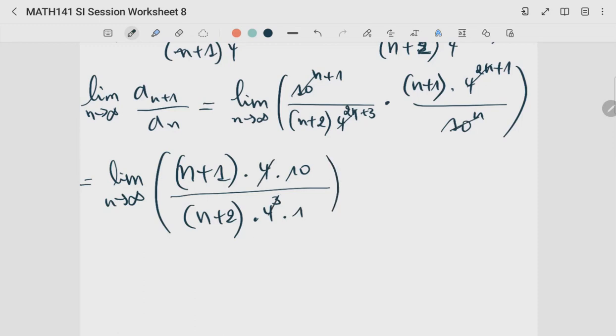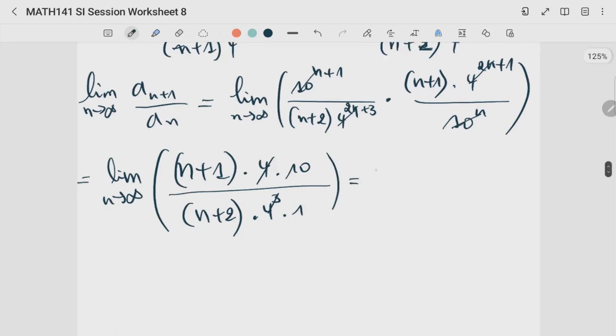And we can simplify even further the 4 and the 4 cubed. We take out all the constants. Then we have 10 over 4 squared, which is 16, multiplied by the limit as n tends to infinity of (n plus 1) divided by (n plus 2).